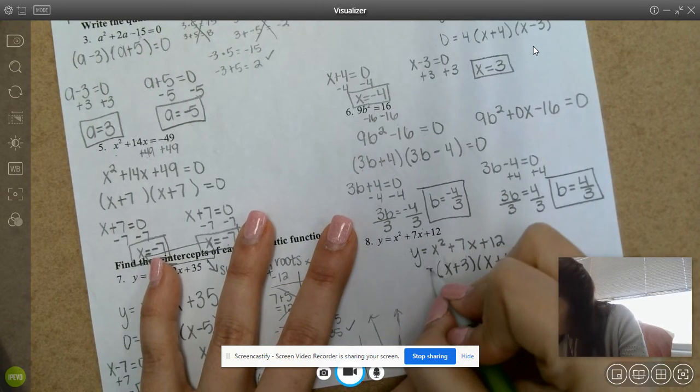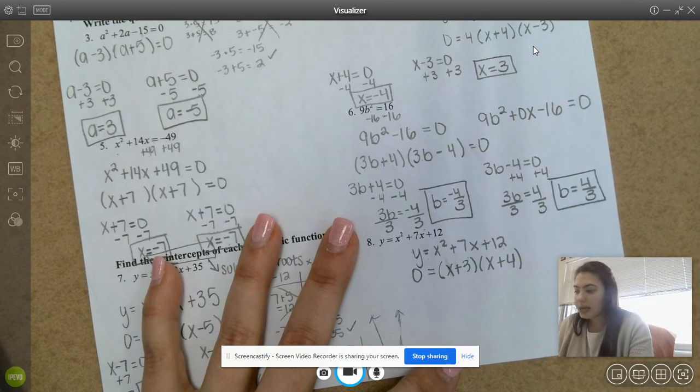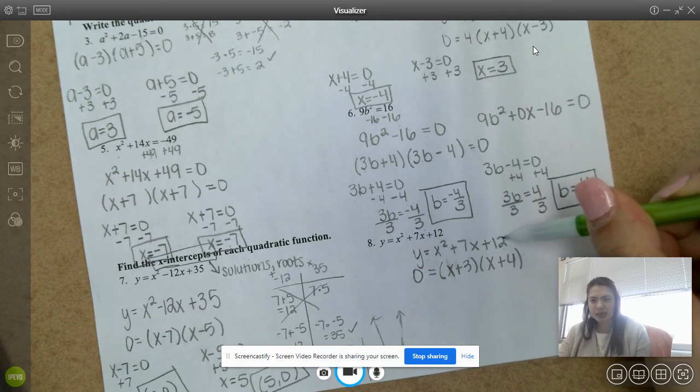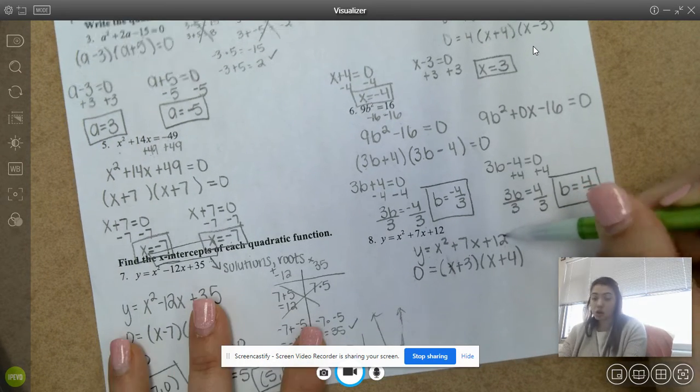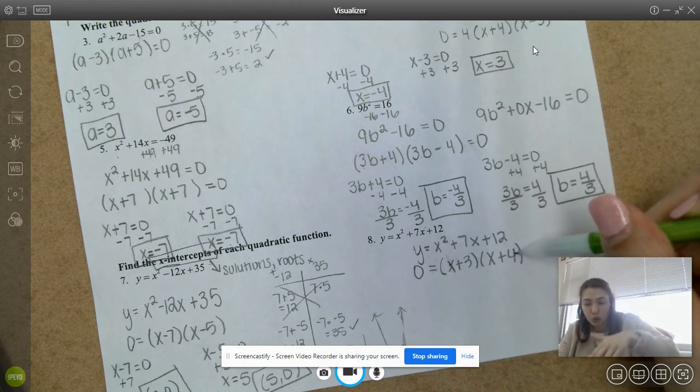And remember, if we're solving, we want to make sure that this equation is set equal to 0. Now, when we put this in our graphing calculator and look at it visually, sure, leave it as equal to y. But when we're solving, we want it to be set equal to 0 because that's what the y value is at the x-intercept. Your y value is 0.